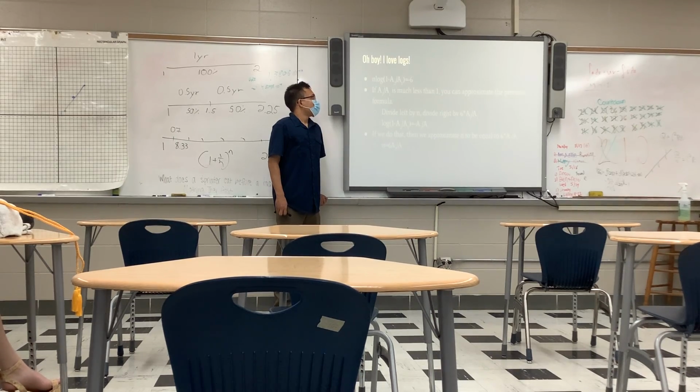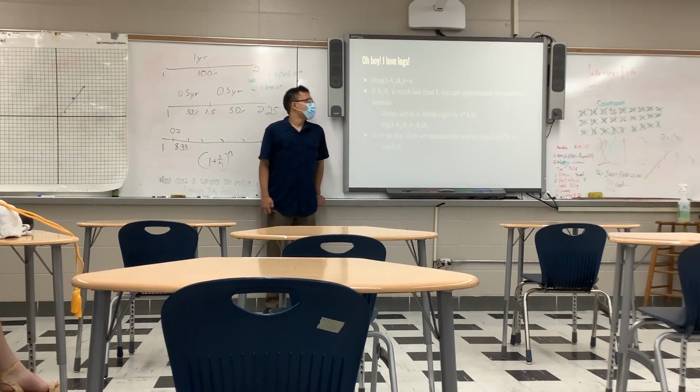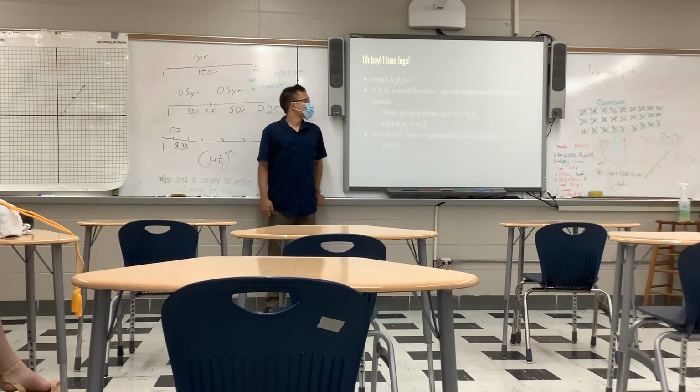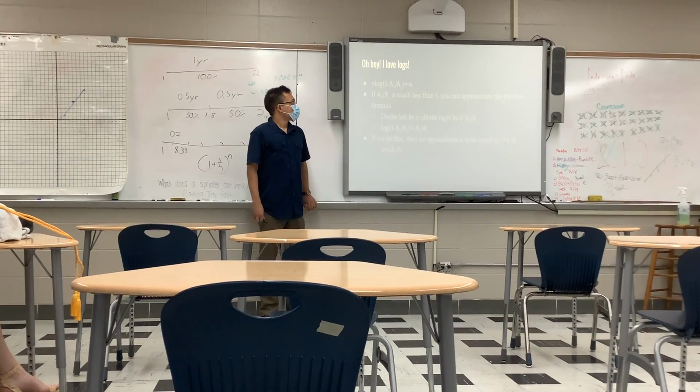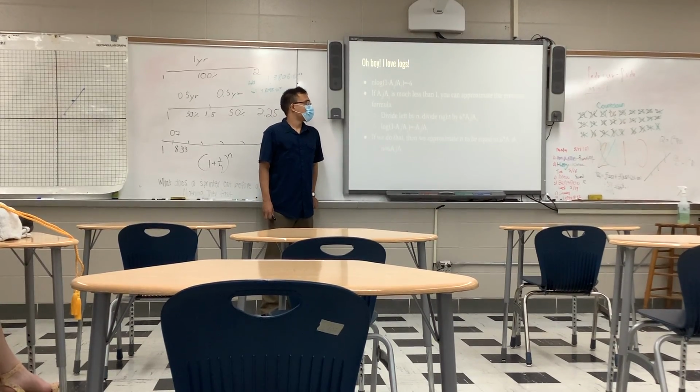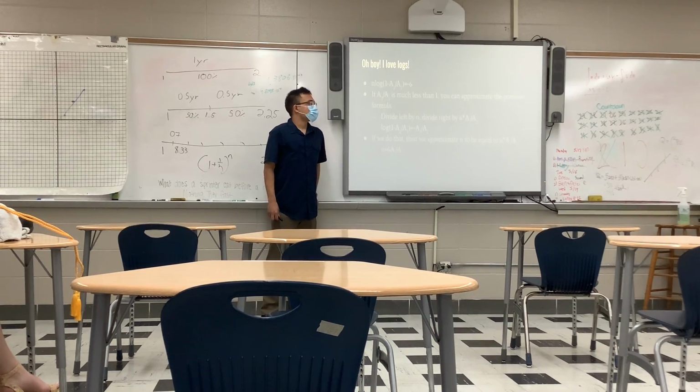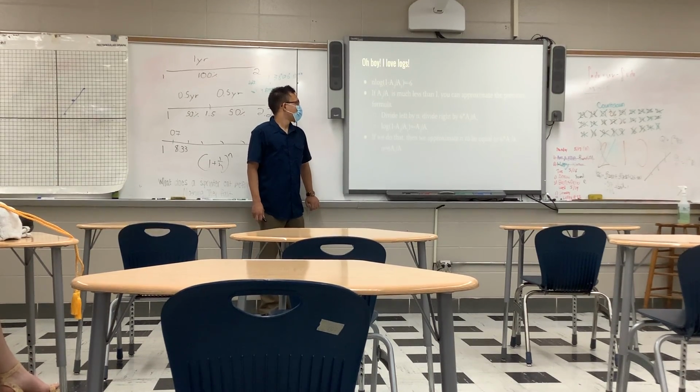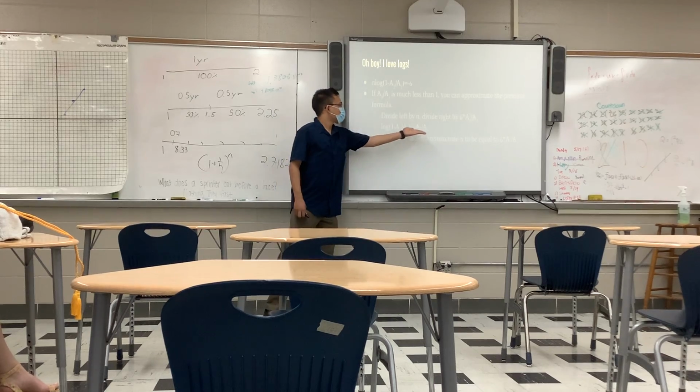So if A2 over A1 is much lower than 1, you can approximate the formula. So you divide the left by n and divide the right by 6 times A1 over A2 to get this.